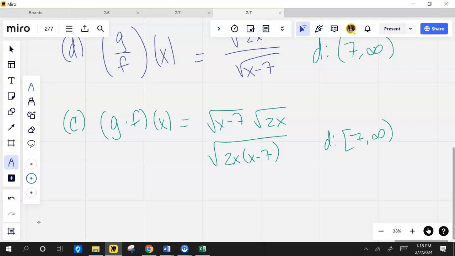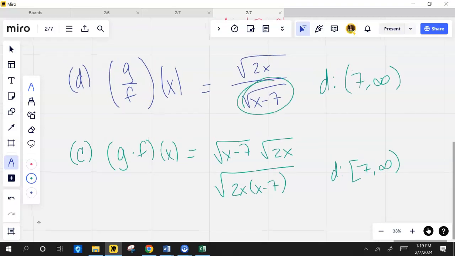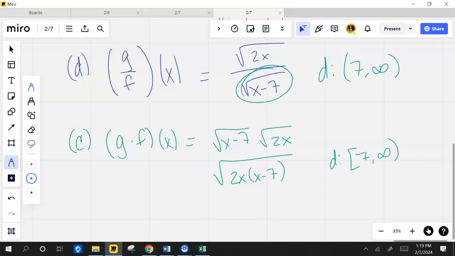Why are you still going to have the same domain? Oh, it's not a fraction. It doesn't matter. Can I get the square root of 0? The only reason it was a problem here is because it'd wind up in the bottom. So this is just the combined domain.